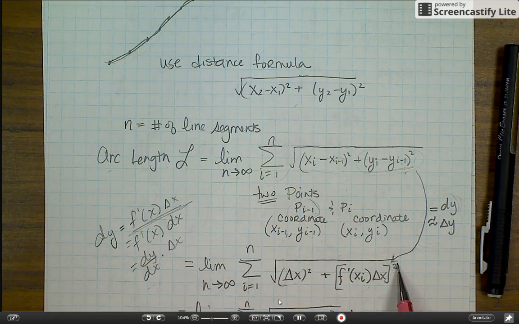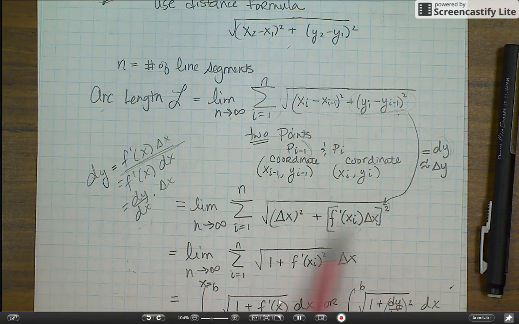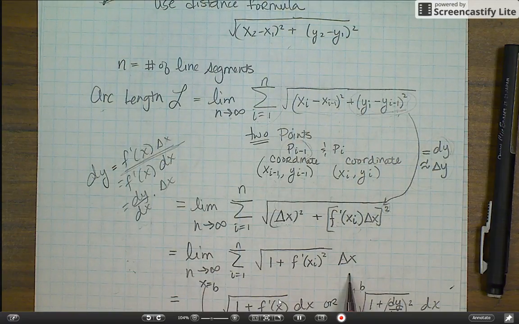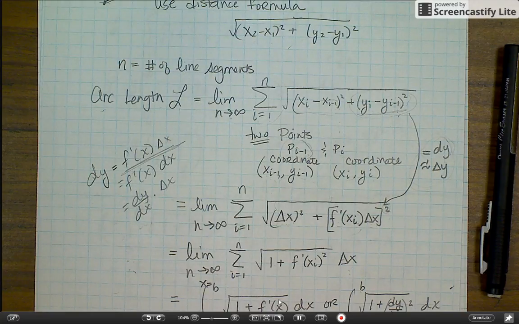Now, this squared gets distributed because these are multiplied together, and since both of these terms have a delta x being squared, I can factor out a delta x, and I can also pull it out of my square root because that's squared, so it will leave me with just delta x. And so now, what is this equal to?